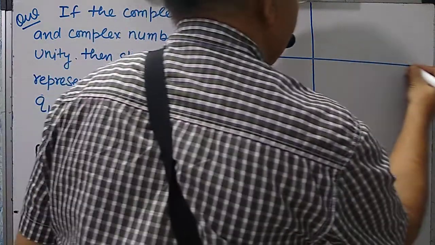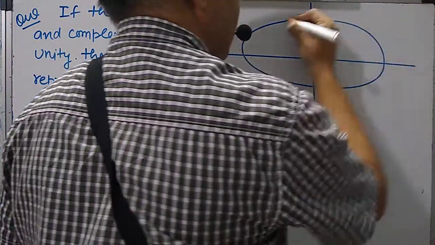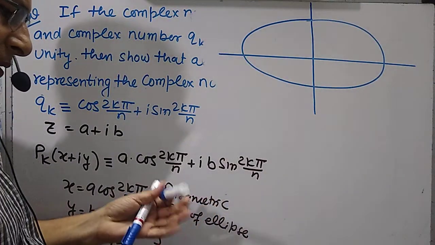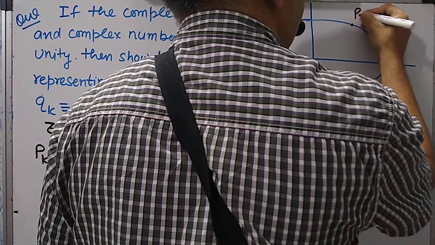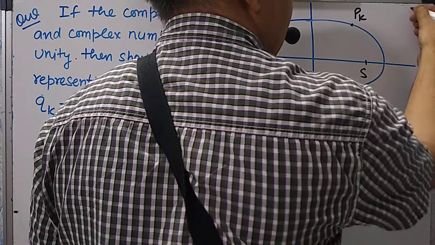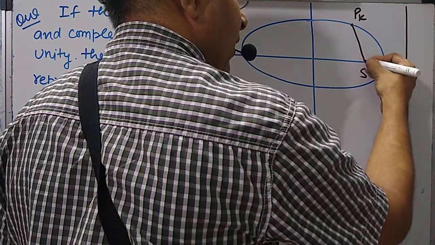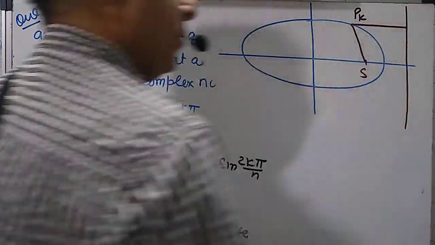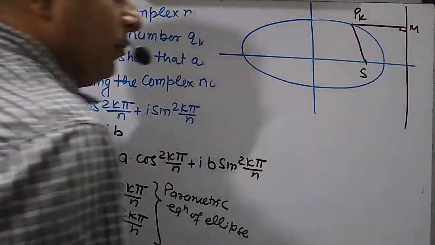So it is given that we have point pk, and this is the focus S, and let us say this is the directrix. So pks is the same as e times pkm.